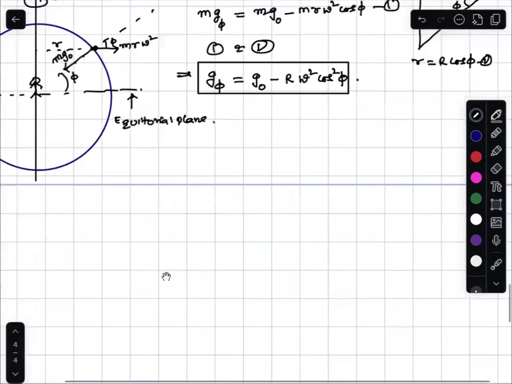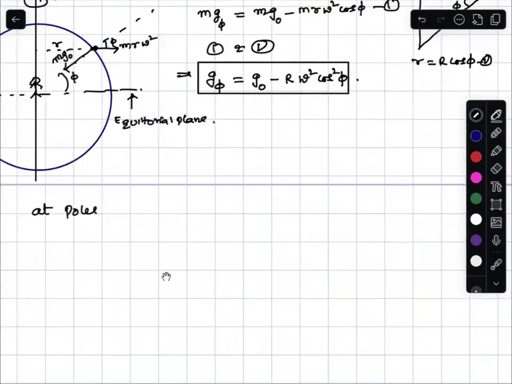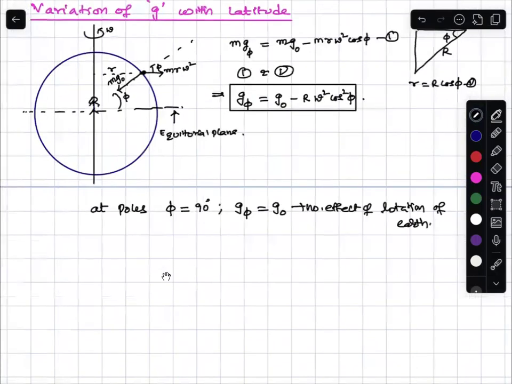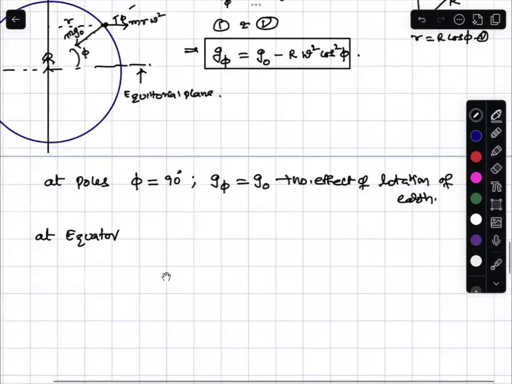Now you can see clearly at the poles, phi is equal to 90. So in that case, g phi becomes g naught. So no effect of rotation of Earth. But at the equator, you find the maximum latitude effect. Now, at the equator, phi is equal to 0.